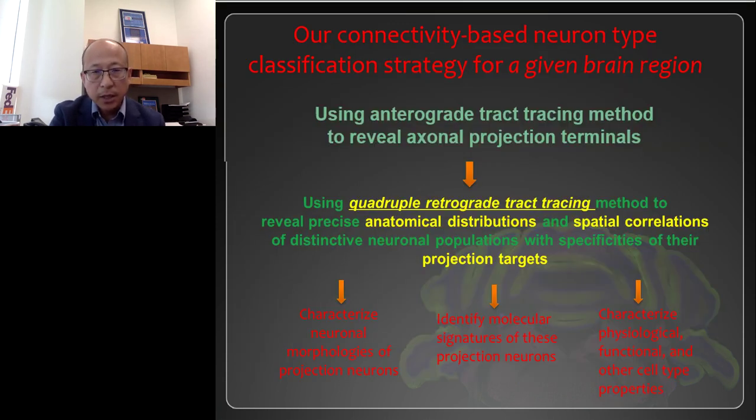So the whole projection pattern, the strategy that we use is anterograde tracer to look at their projection terminals, and then retrograde tracers to define the different neuronal populations. And then we carefully look at their anatomical distributions, and then look at their morphology, and then characterize their cell type specific projection patterns.